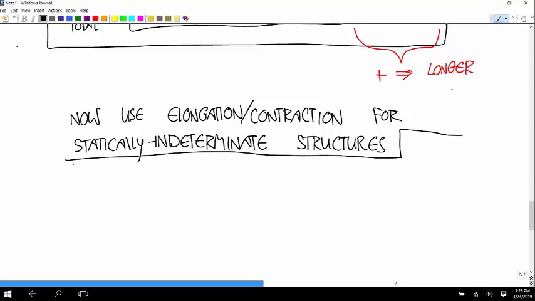And the steps that we're going to take, I guess this is just two steps, but first you're going to do the statics.